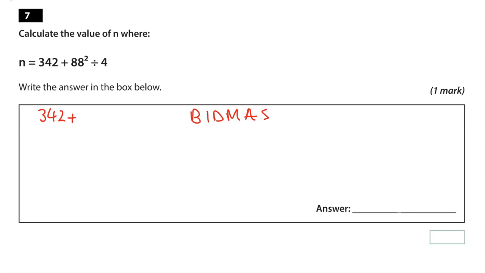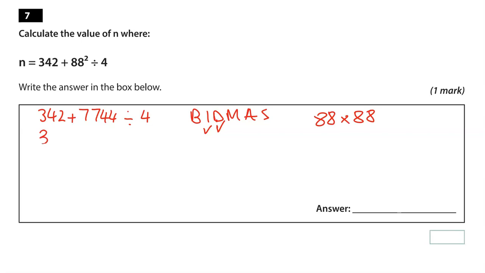So using a calculator, we do 88 times 88, and that gives us 7,744, and then divided by 4. So we've done the indices. Now we have addition and division. Which one do we do first? We do division first.